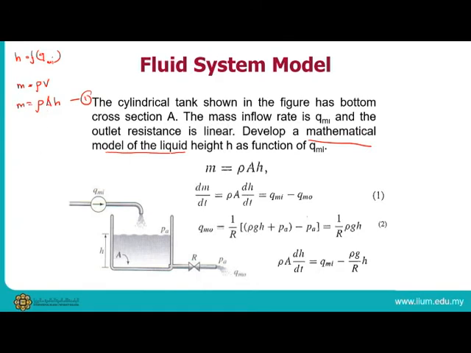The second equation that you need to know is m dot equals Qmi minus Qmo, right? If you further expand it, m dot is equal to dm over dt, and dm over dt can be written as dm over dh times dh over dt, right? dm over dh you can get from equation number 1.